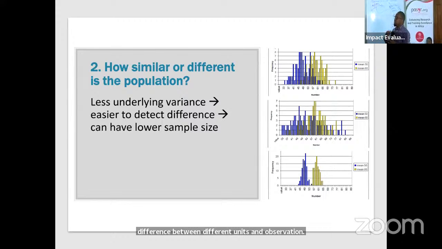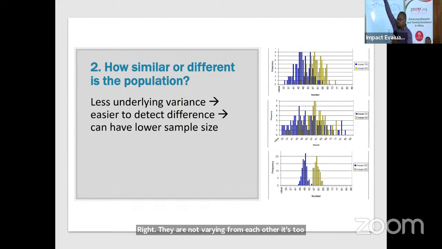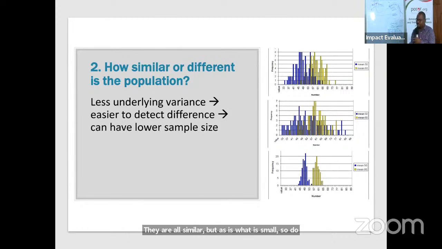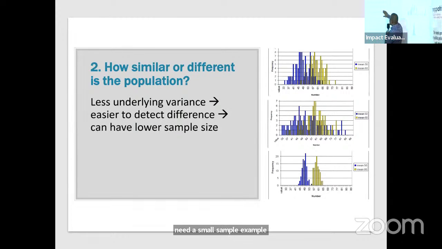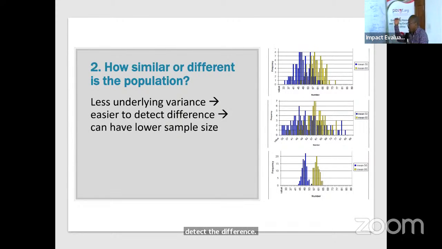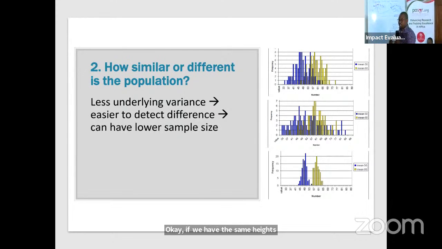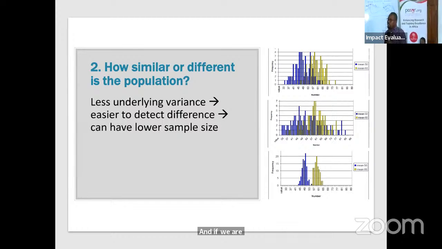In other words, it's like you take me and another tall person. The variance is big. We are not similar. But if you take me and my brother here, we are not far from each other. So they are almost similar. Variance is small. So do you need a small sample or a big sample? But here it says, if there's less underlying variance, it is easier to detect the difference. Okay? If we are the same height, and if we are different heights, when can we detect the impact of an intervention?